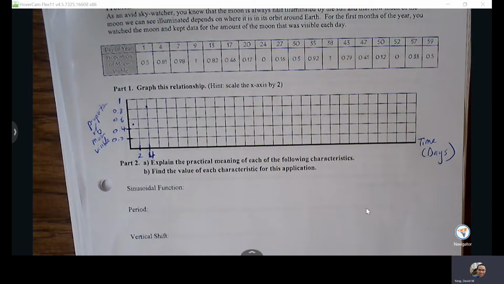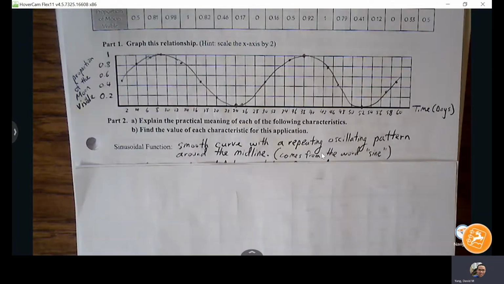Okay, so your graph should look something like mine here. I'll give you guys another minute to plot those points.